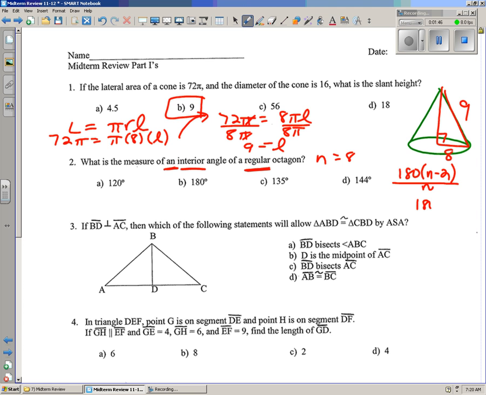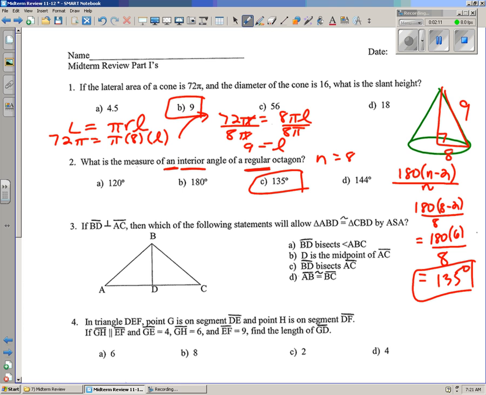And so we have 180 times 8 minus 2, divided by 8, which is 180 times 6 divided by 8, which comes out to 135. Choice C.